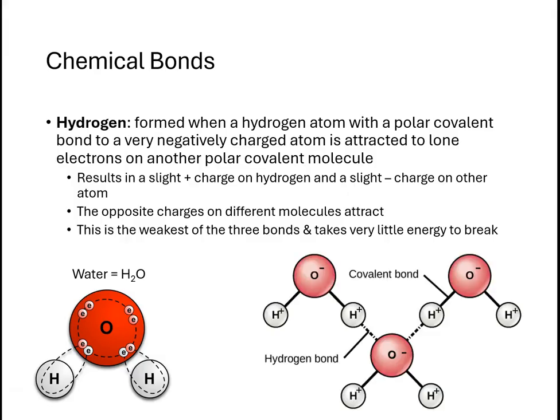This is the weakest of these three bonds. So our water molecules, here's one right here. Oxygen has a slight negative charge. Hydrogens will have slight positive charges. So all of these hydrogen atoms are attracted to oxygen atoms on other water molecules. And that's what gives us that surface tension.